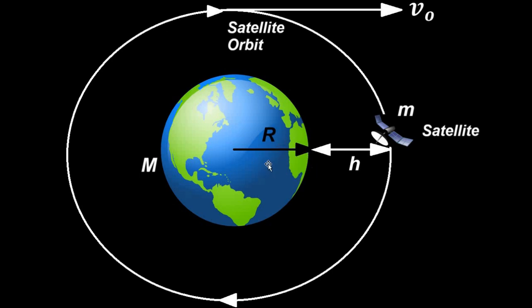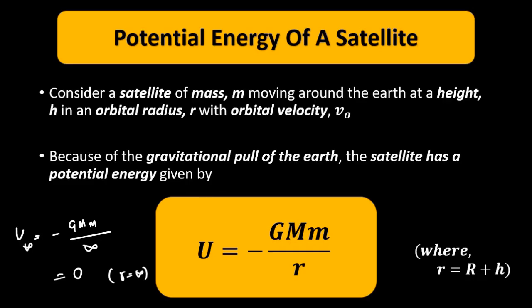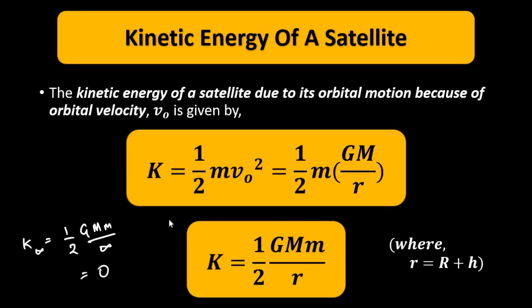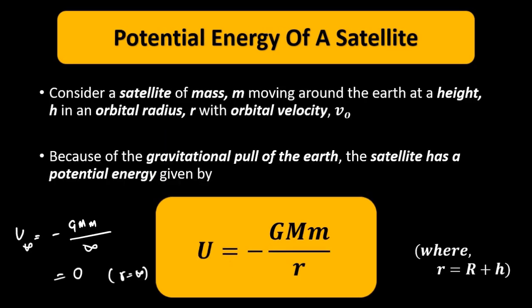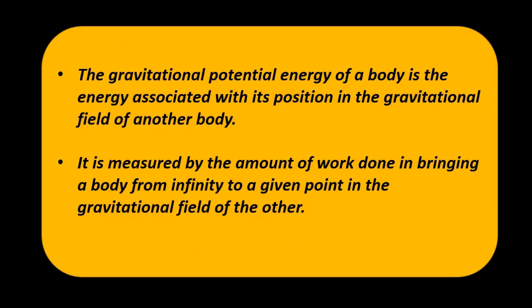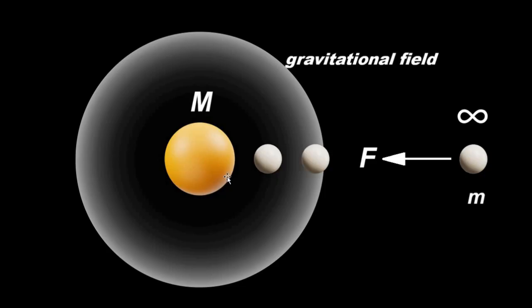So here we have derived the mathematical expressions for the potential energy of a satellite and the kinetic energy of the satellite. For potential energy, we again use some of the concepts related to gravitational potential energy, the work done in bringing a body from a far away distance, from infinity, to a certain point in the gravitational field.